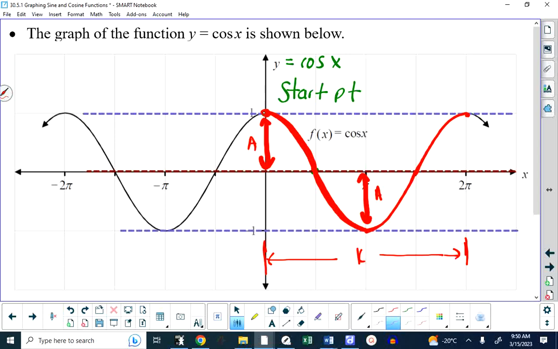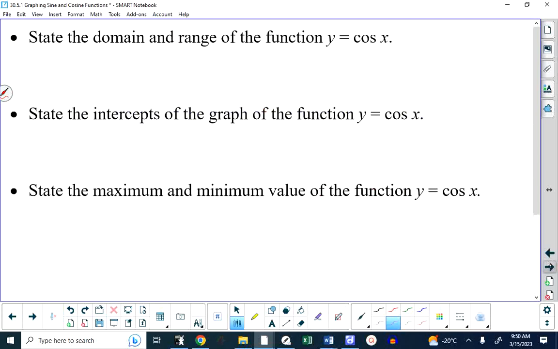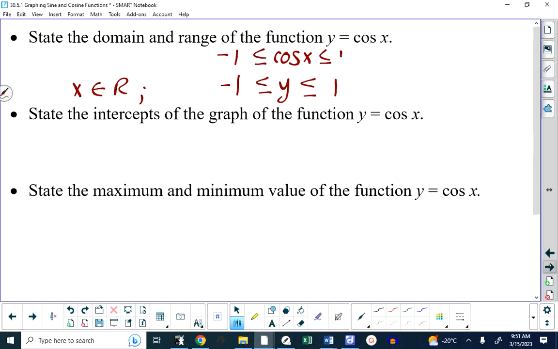The intercepts are going to be different, obviously. So, domain and range, any real number. Range, -1 is less than or equal to y, which is less than or equal to 1. We could write -1 is less than or equal to cos x, which is less than or equal to 1.